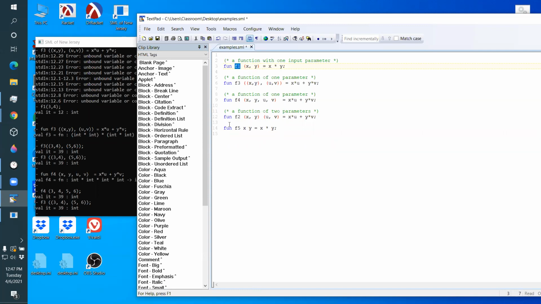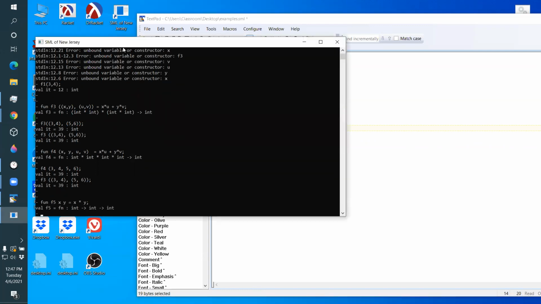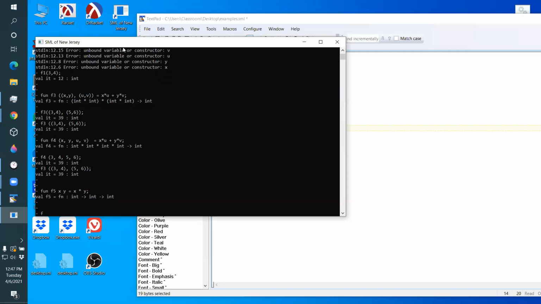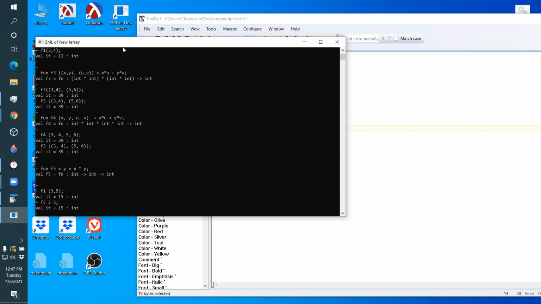If you go back over here and compare F1 and F5, F1 looks like it takes two numbers. And F5 really does take two numbers. So they both give me the same result. But F1 is really taking a single pair, and F5 is taking two inputs, two different numbers.